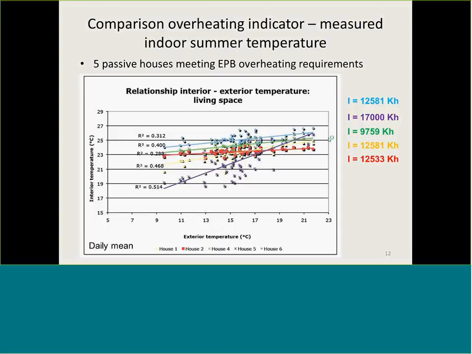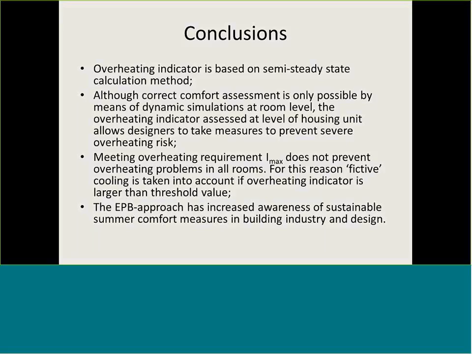In fact, we see in measurements that in the achieved temperature, the occupant plays an important role: the way he interacts with the building, when he opens windows, when he lowers sunscreens, etc. This is an important influence on the indoor temperature, and of course this is not taken into account except in a standardized way in the calculation of the overheating indicator.